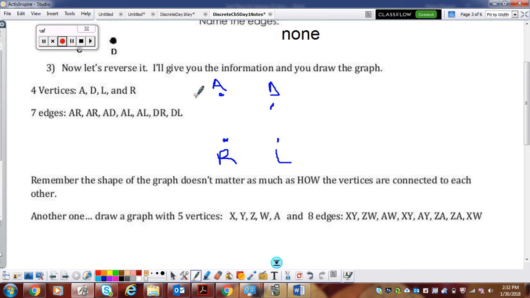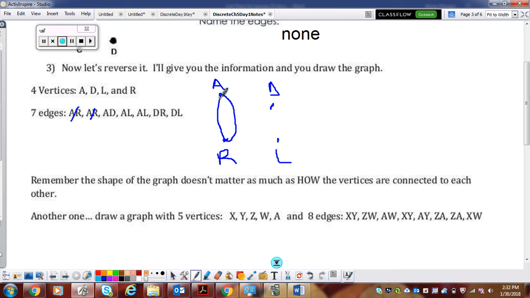Okay. So now all we're going to do is connect my dots. So A to R, so we're going to do a line. Okay. Now if you notice, AR is there twice. That's a multiple edge. So we kind of curve it. It doesn't necessarily have to be curved, but since there's two of them, you want to be able to see them.